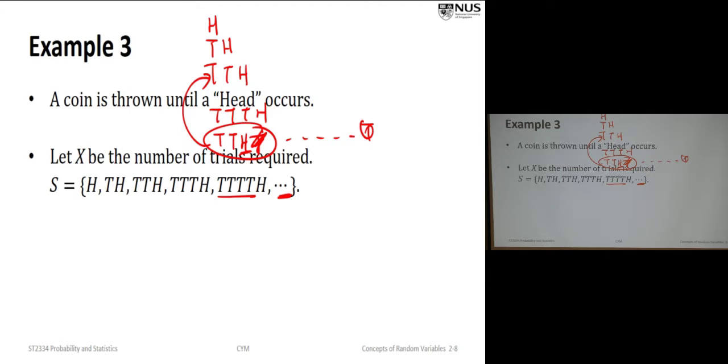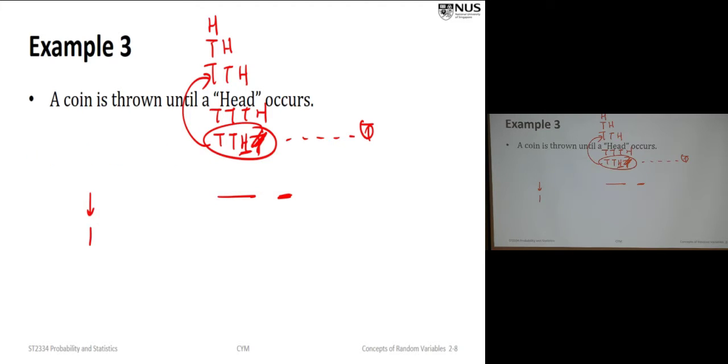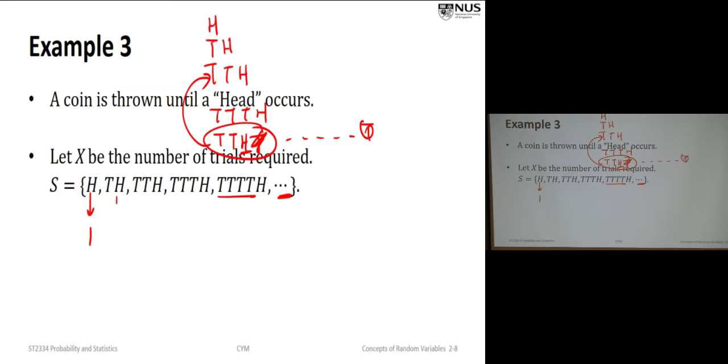X represents the number of trials. So this will map to how many trials? 1. This one, how many trials? 2, 3, 4. So in other words, I will map X of any element s to the number of trials.